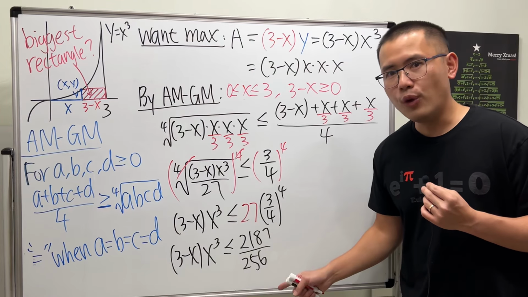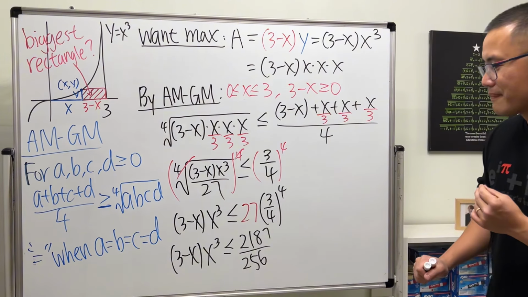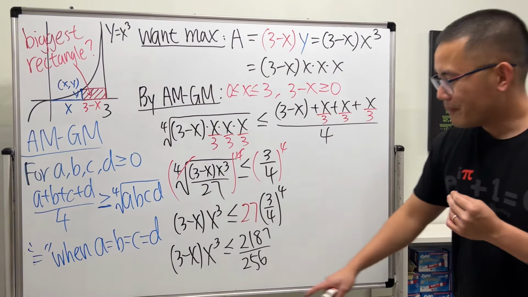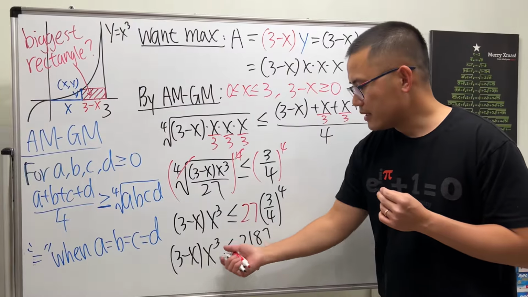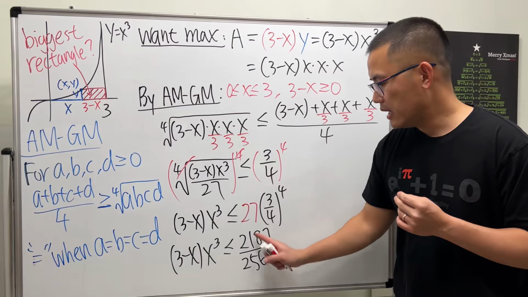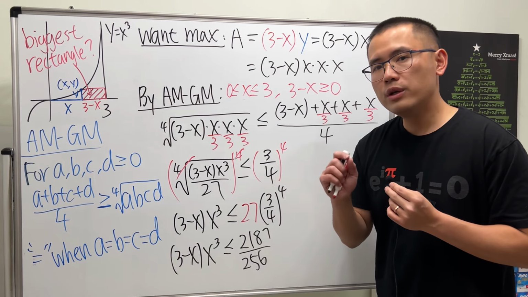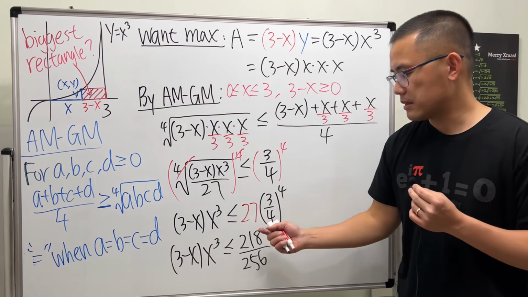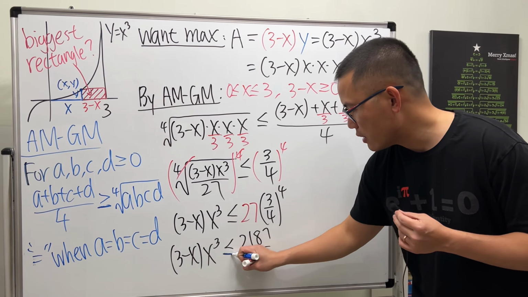I did this beforehand, and I remember the answer. Anyways, so now, this is always less than or equal to this. But remember, once we got an inequality like this, we can only say this is an upper bound of this expression. In order to be sure we have a maximum, we will have to check for the equality here.